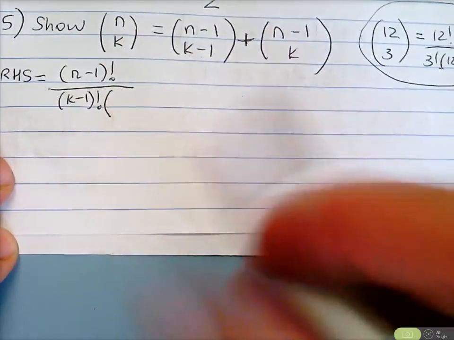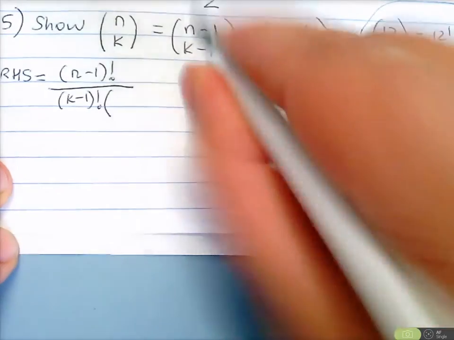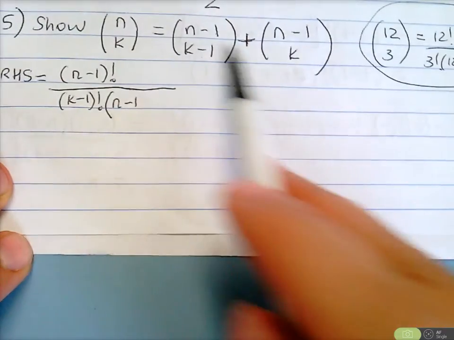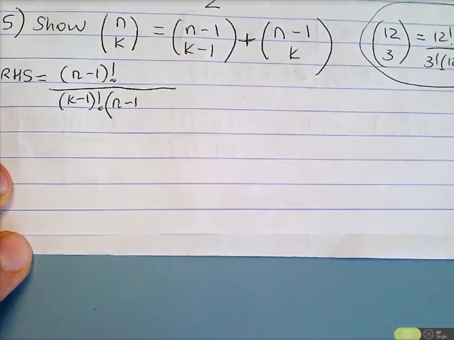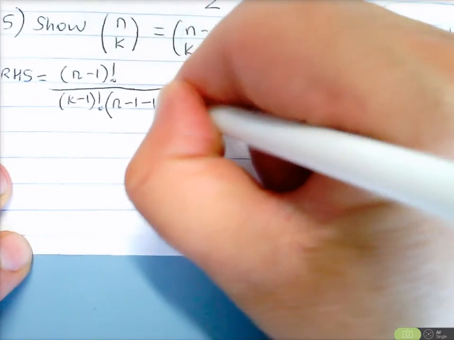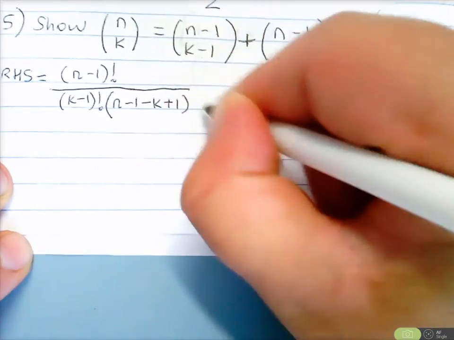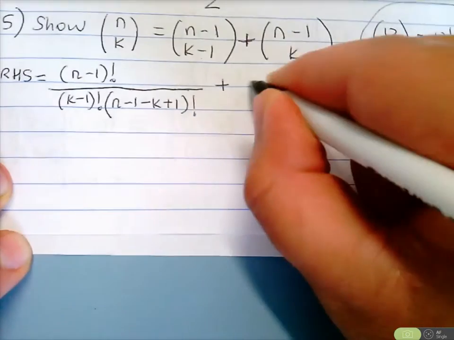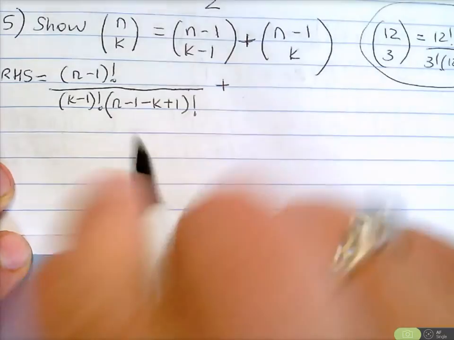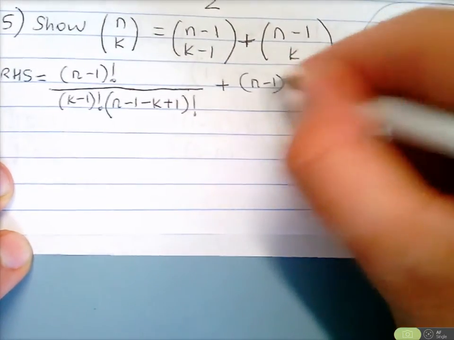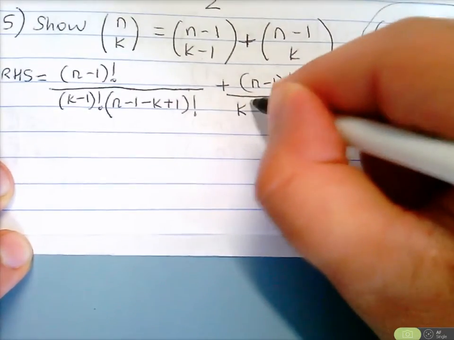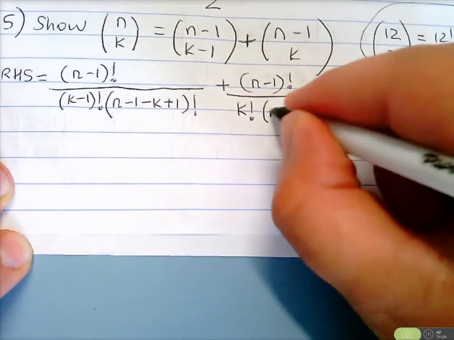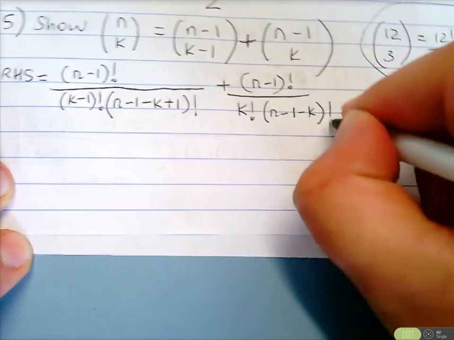So, what do I do here? That minus that. Let's do it in one step. n minus 1 minus, I'm not going to put brackets, so minus k plus 1. Minus k plus 1, thank goodness for the plus 1, because it cancels with the other one. Plus, what's this one? n minus 1 factorial over k factorial times n minus 1 minus k factorial.